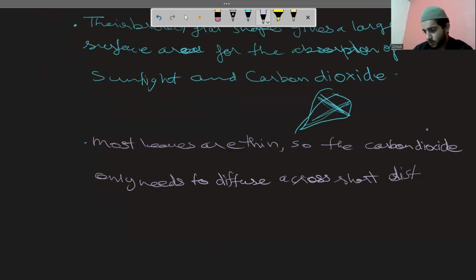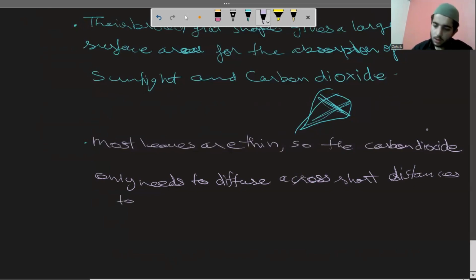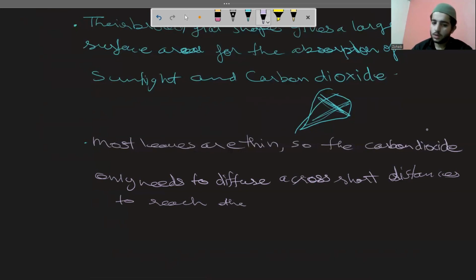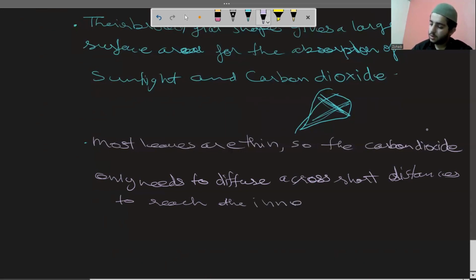You got it? It means that it doesn't have to travel much to reach the inner cells, because photosynthesis happens in the cells.